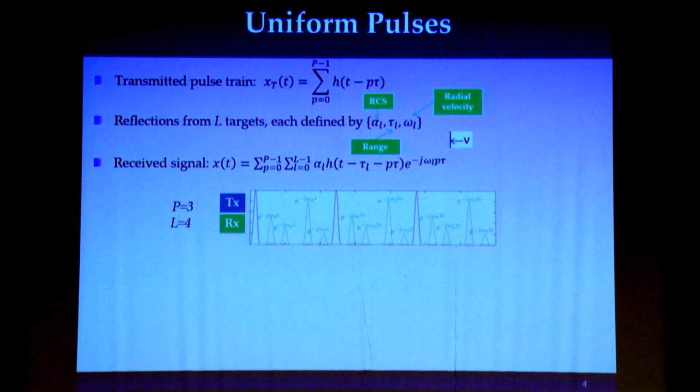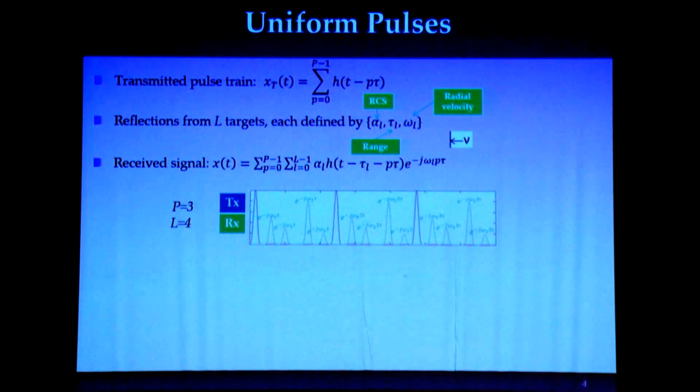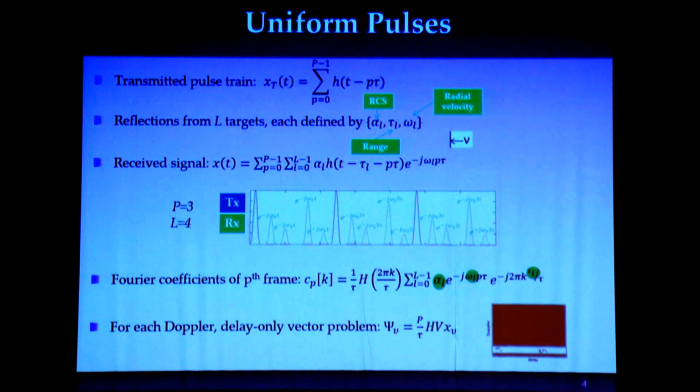If we go back to the uniform pulses that Omer showed us, we see in the blue part the pulse train that we send, and in the green part the received signal, the pulses that we get back from our targets. Omer explained to us that the Fourier coefficients embody the different degrees of freedom, the unknown parameters that we want to recover for every target, which are the amplitude, the velocity, and the range or the delay.